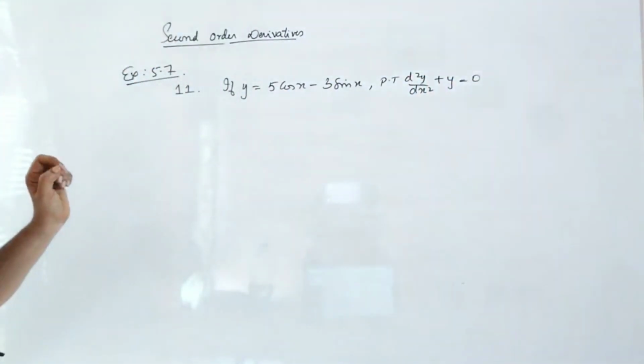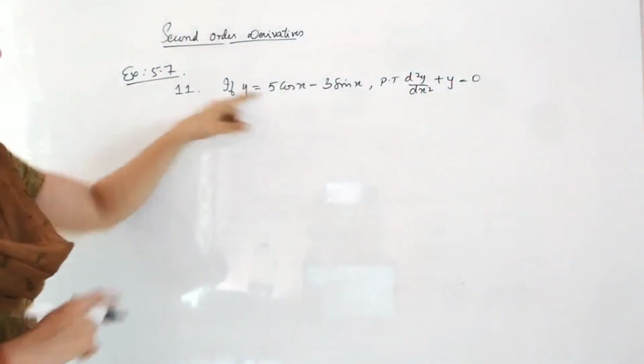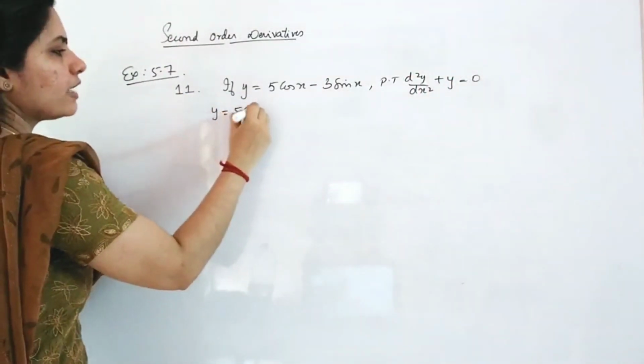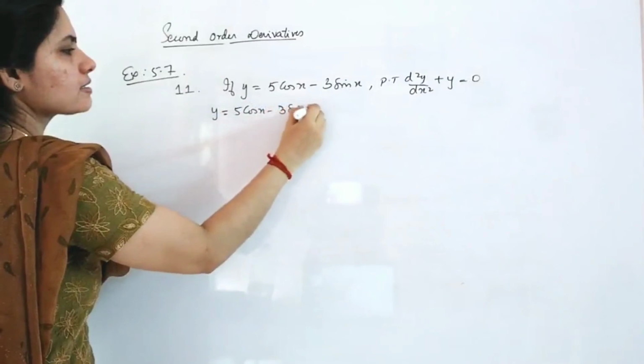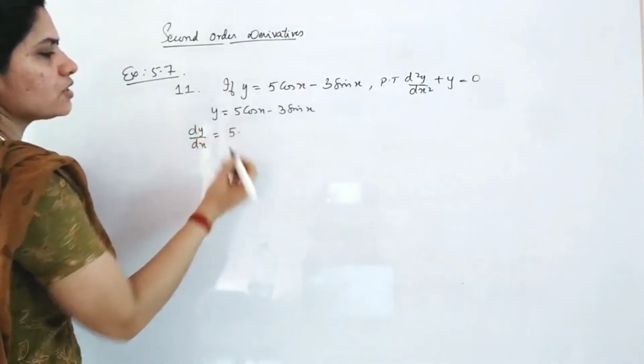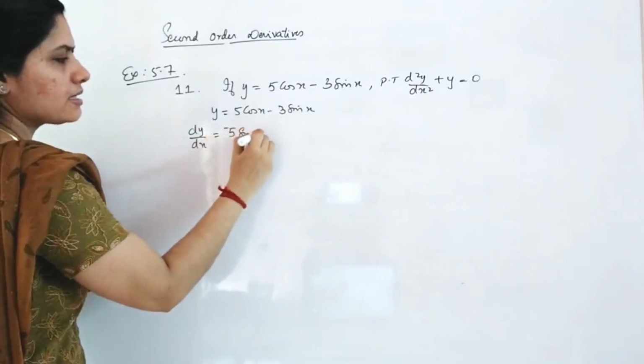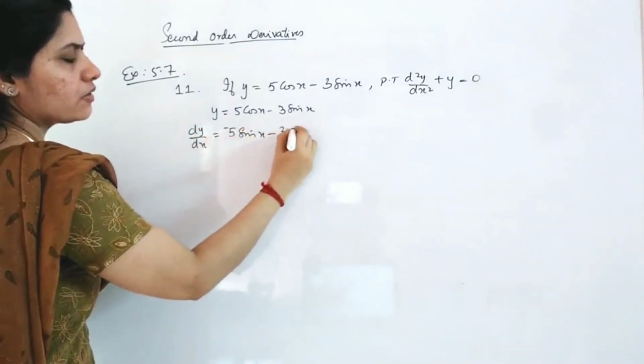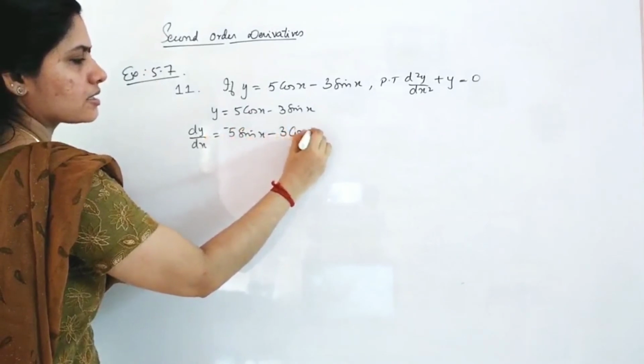So we'll start with y equal to 5 cos x minus 3 sin x. dy by dx will give you 5 into cos x derivative is minus sin x, minus 3 into derivative of sin x, which is cos x.